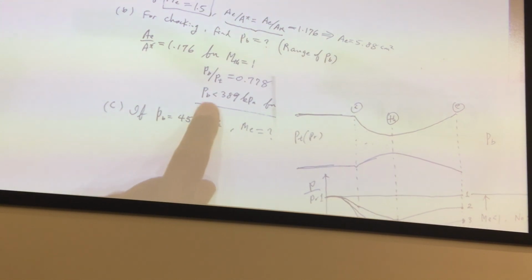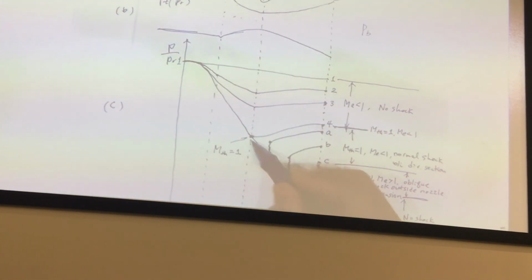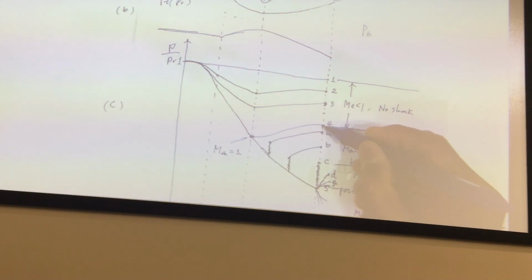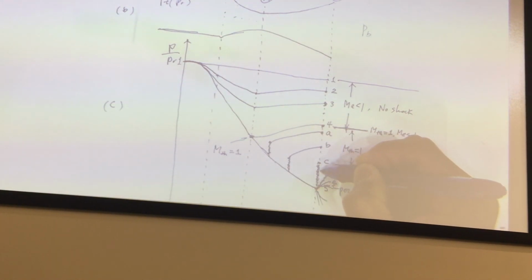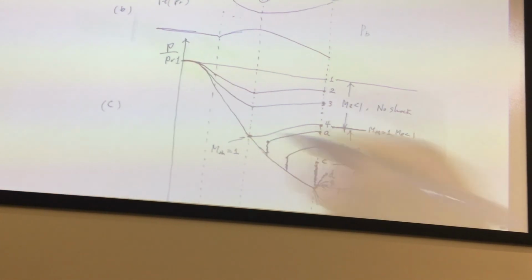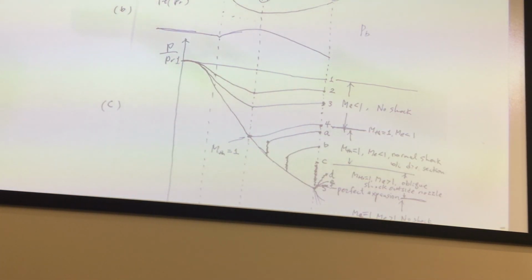For this example, if the back pressure is below that, what Mach number do you reach at the throat? If I continue to decrease the pressure in the surroundings, the flow upstream will not know it because it's choked. Mach number is equal to 1. The very fact that the pressure signal in the surroundings cannot propagate upstream makes the flow unaware of any change. And if it is sufficiently lower than 389, that's kind of like pushing someone over the cliff, right?